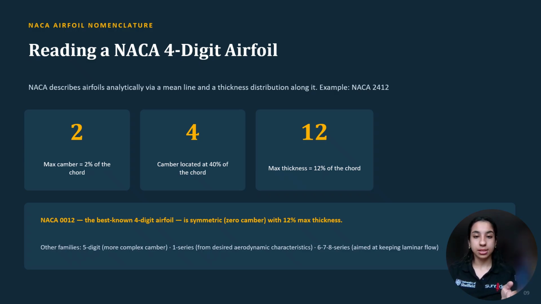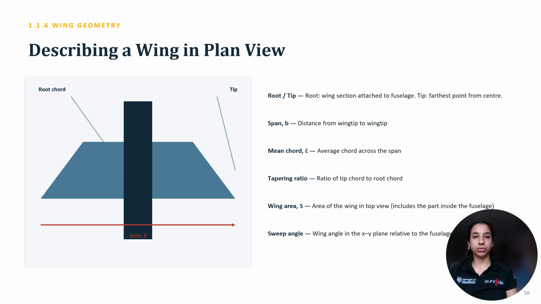As you can see, the first two numbers are zeros because the camber is 0. So the maximum camber percentage is not 2%, it's 0%, because it doesn't exist, with 12% maximum thickness. And yeah, next. This is going to be a long video, I'm really sorry.